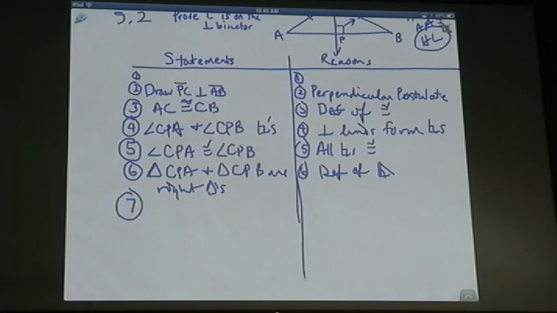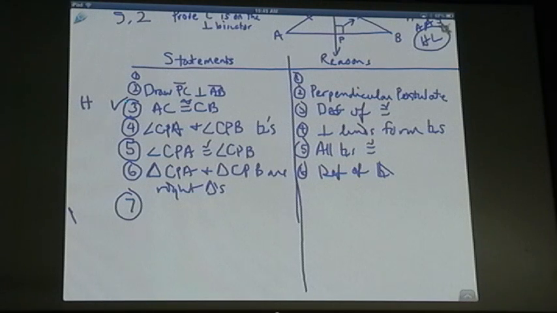Let's go on with our hypotenuse leg thing. We've proven two sides are congruent to each other, the two hypotenuses, and we've proven that they're right triangles, so we can use hypotenuse leg. Now, what leg is congruent?